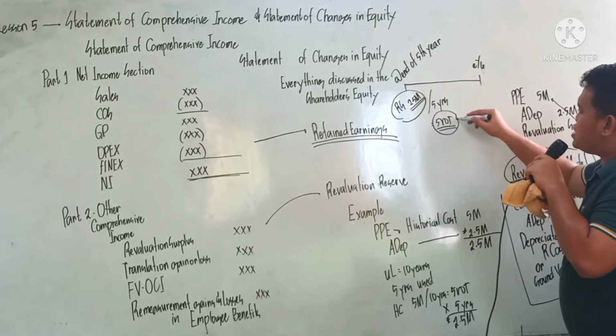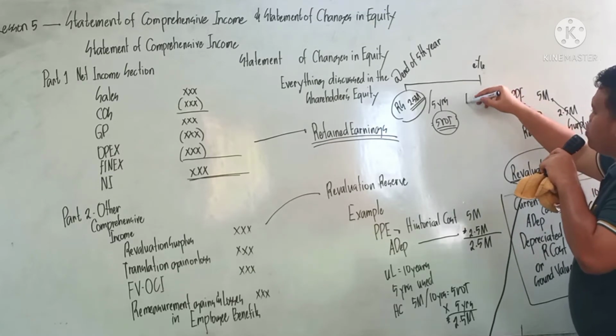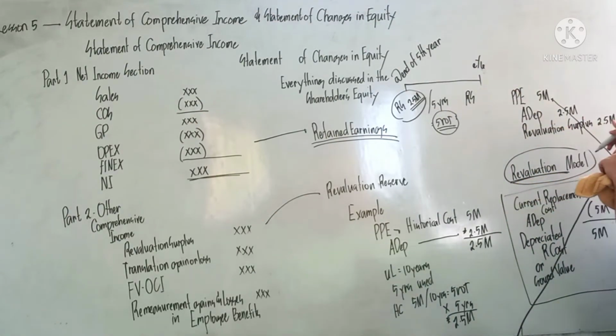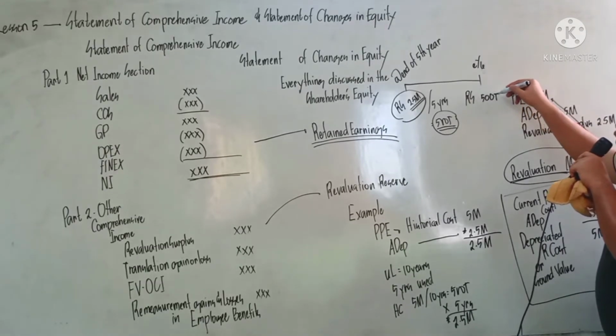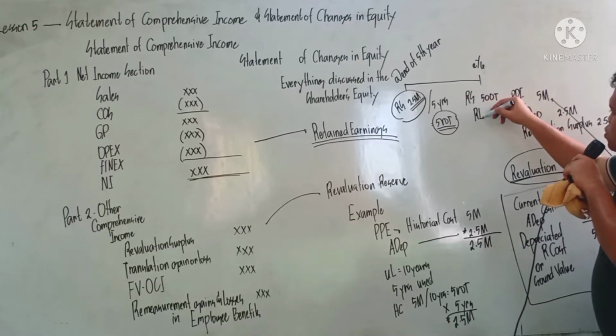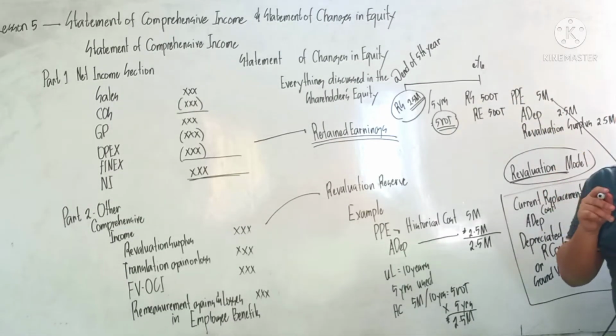So, what's the entry if it will be diminished by 500,000? The revaluation surplus, which is first credited, will be deducted by 500,000. Then, it goes to the retained earnings.